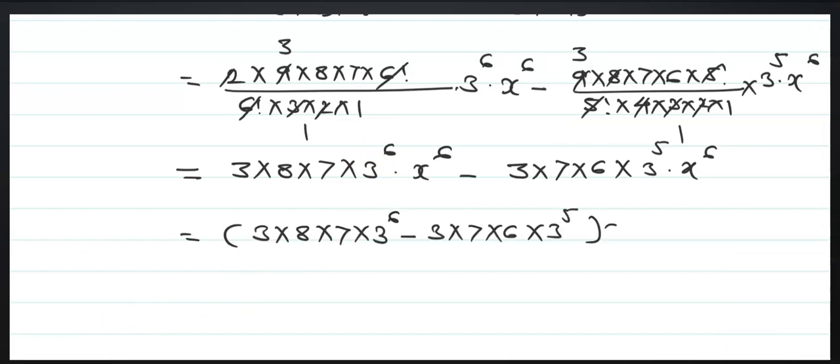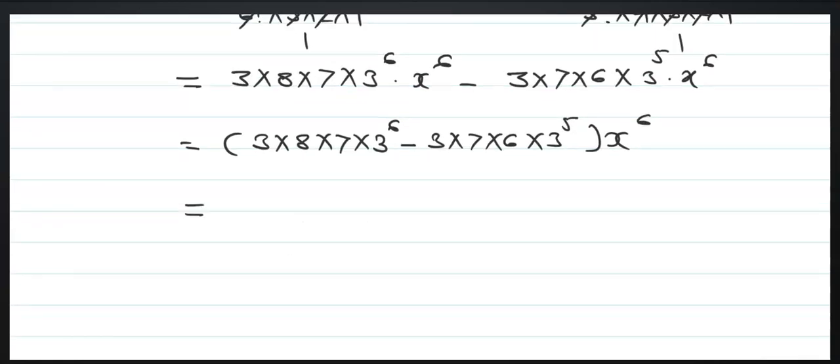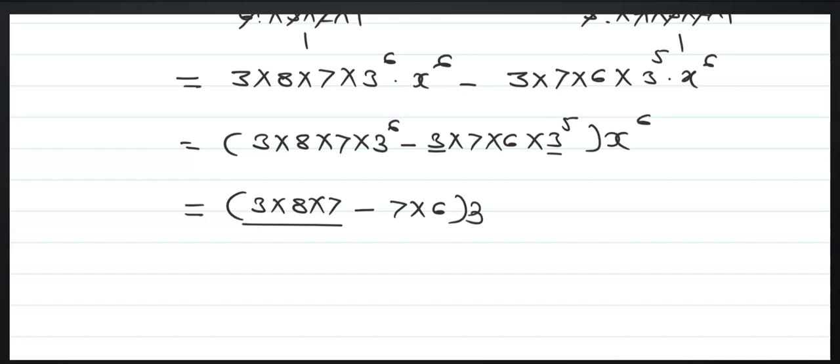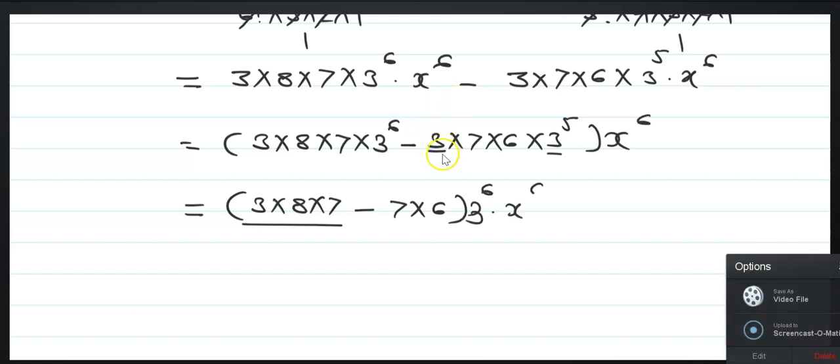Take x raised to 6 as common, and therefore again we'll take 3 raised to 6 as common also. Then this is 3 raised to 1 and 3 raised to 5, it becomes 3 raised to 6, and this 3 raised to 6 we take common.